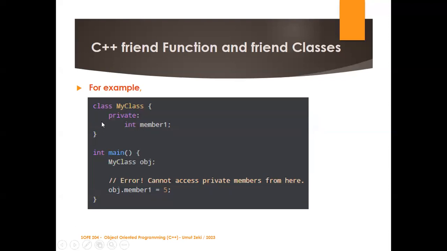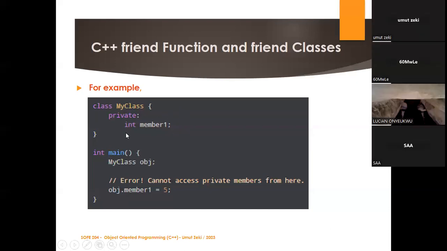What happens if we define a private data member and try to reach it from inside the main program?